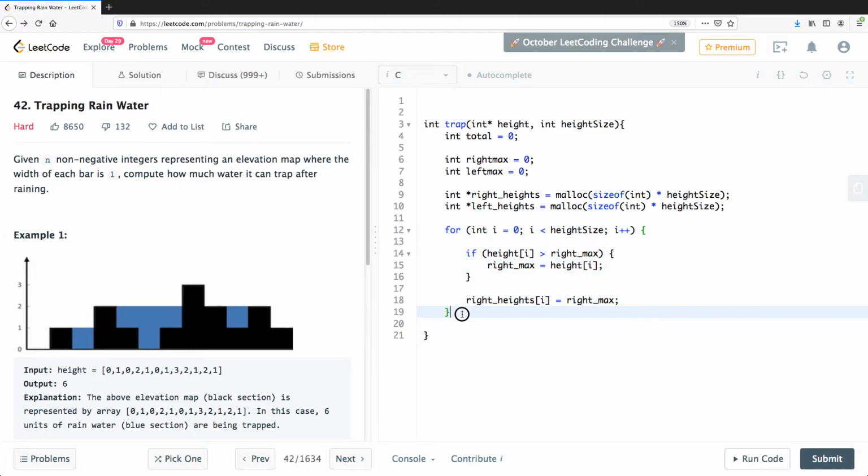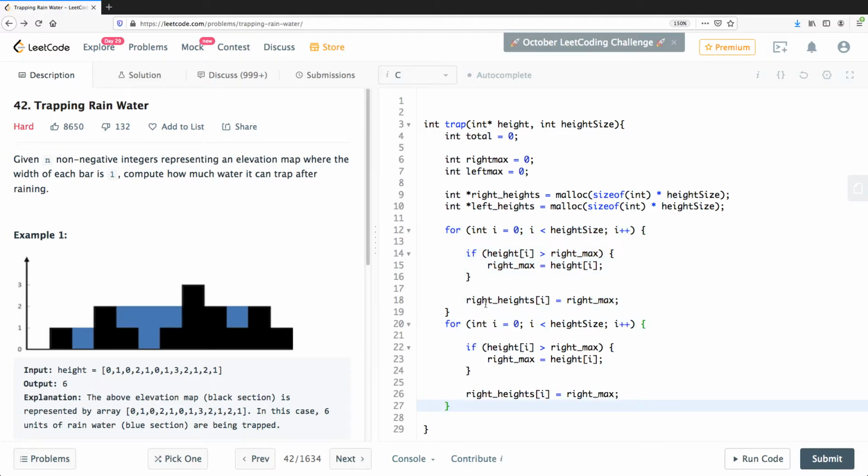Same thing we're going to do for the left height. Instead, we just say left max this time. Okay, so we have not used underscore here, might as well do it now. Now one thing is, when we build this one, we are standing at the end and looking to the left.